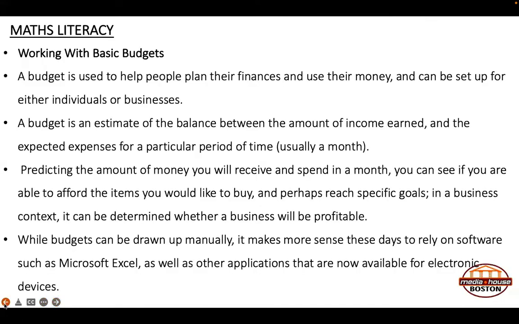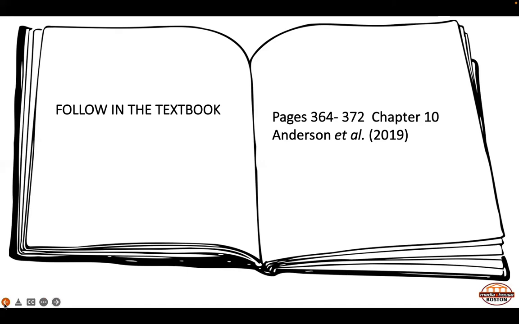Before I tell you what a budget is, who can try to tell me in their own words what a budget is? Anyone want to guess? Okay, good, Dee, that's a good guess. How much you get? How much you get after what exactly? Let's try to be a little bit more specific.